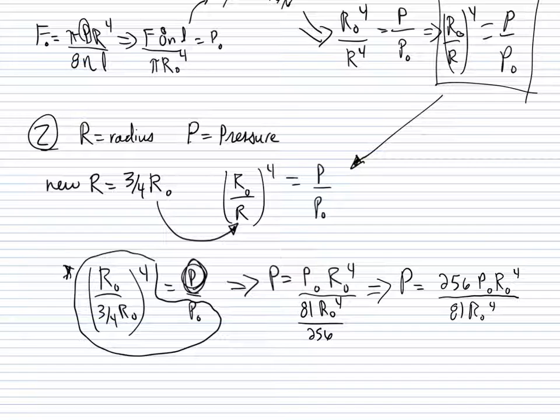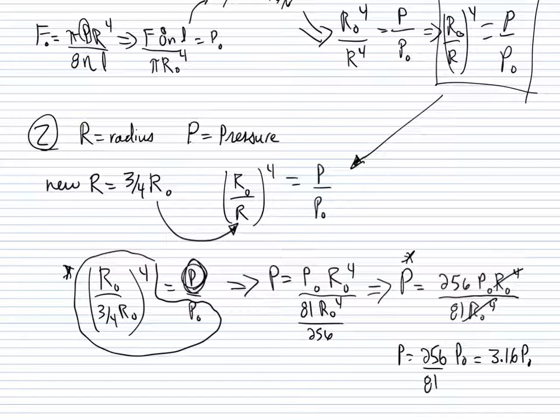At this second last step, I flip my 256 to the top, and I get 256 P0 R0 to the power of 4 over 81 R0 to the 4. We can cross out my R0s, and magically my pressure is now 256 over 81 P0, and if you do the mathematics for that, it is about 3.16 P0.